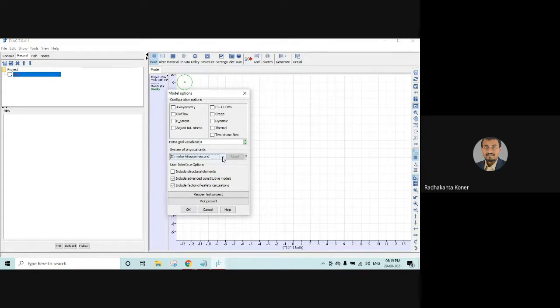And last, you see there is a line: include factor of safety calculation. Why is it required? For all geostructures, at the end of the day, we are very passionate about deterministic methods that give some value, a factor of safety of 1.5 or 2. That gives us psychological confidence. Factor of safety 2 is very good.